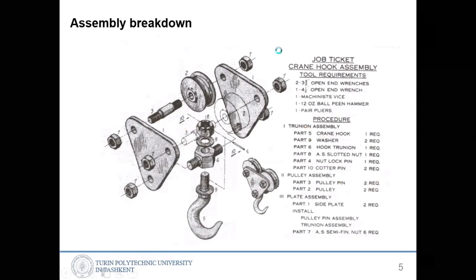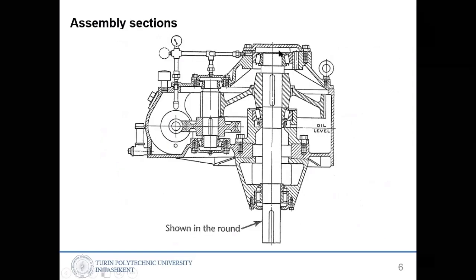Okay, so this is the assembly section view, the example of what I told you before in the sectioning lesson. The sectioning direction and the density of the lines mean different types of parts.